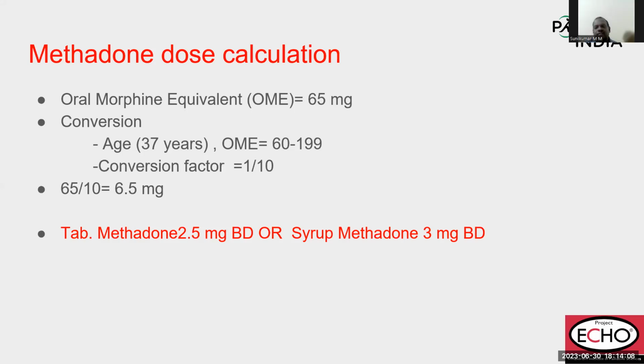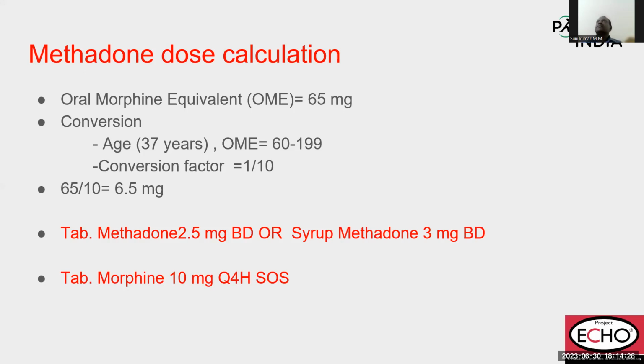So we also need to give morphine along with methadone. This patient was taking 65 milligrams of morphine, so you can say it is approximately 10 milligram Q4H, isn't it?